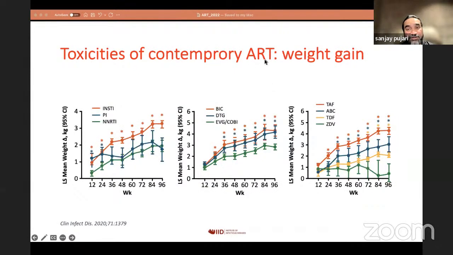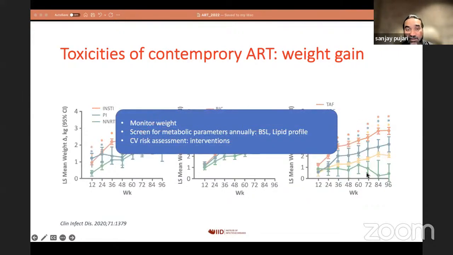With this newer contemporary ART, there are some newer toxicities. So this is weight gain, which is commonly seen with integrase inhibitors as compared to the previous drugs, and with the TAF as compared to the other nucleosides. So in our clinical practice, we need to monitor weight and calculate BMIs of our patients at every follow-up visit that they come to us. Then we need to screen for metabolic parameters, particularly baseline and subsequently annually blood sugar levels and lipid profiles.